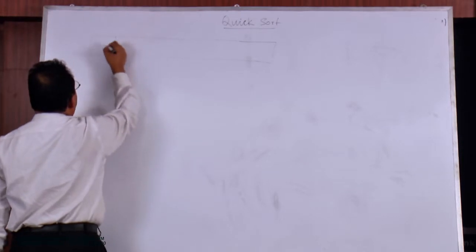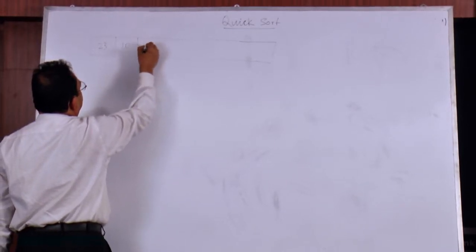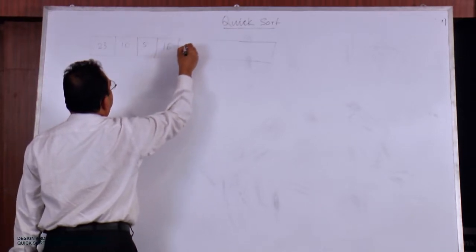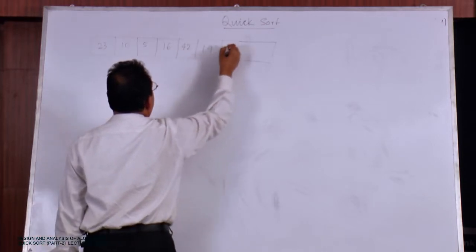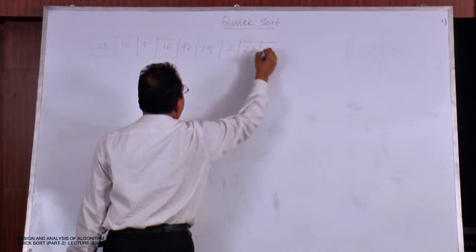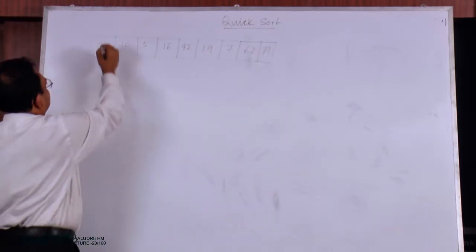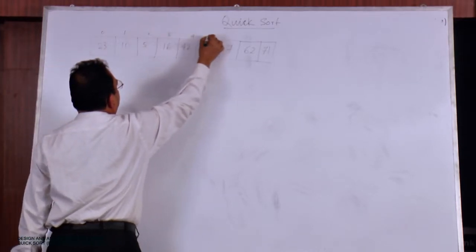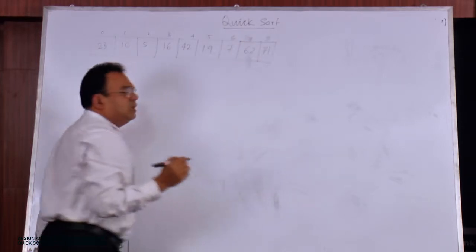Let the elements be 23, 10, 5, 16, 42, 19, 7, 62 and 71, and the indices are 0, 1, 2, 3, 4, 5, 6, 7, 8. Let us consider 9 elements.